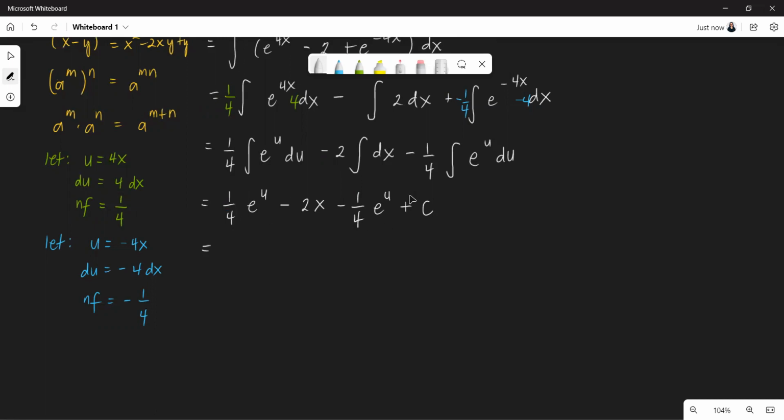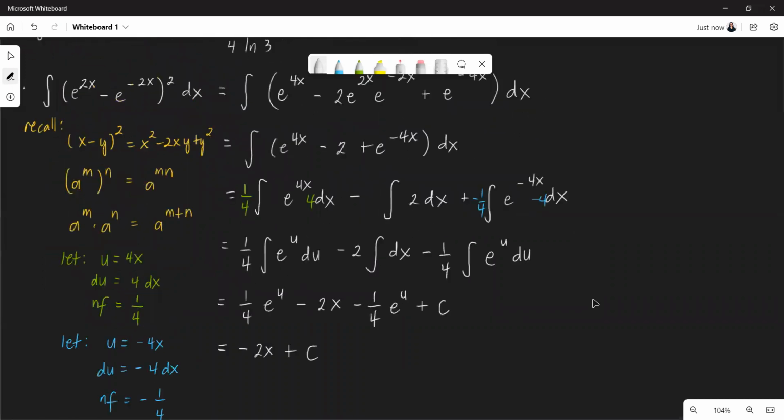The difference is 0. So we have negative 2x remaining, plus c. Therefore, it's equal to negative 2x plus c.